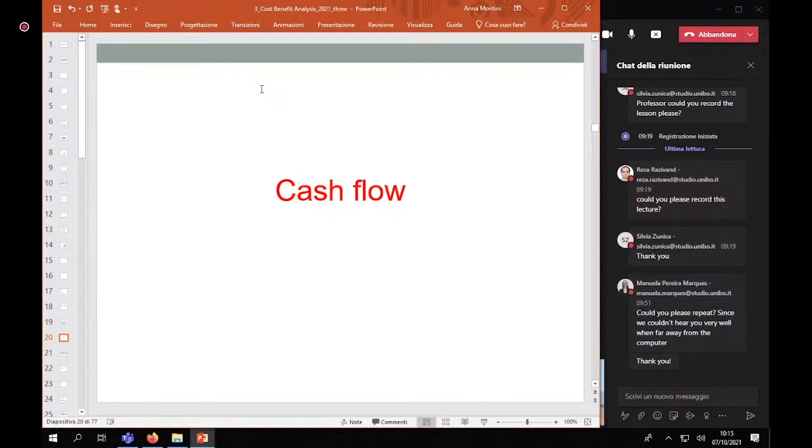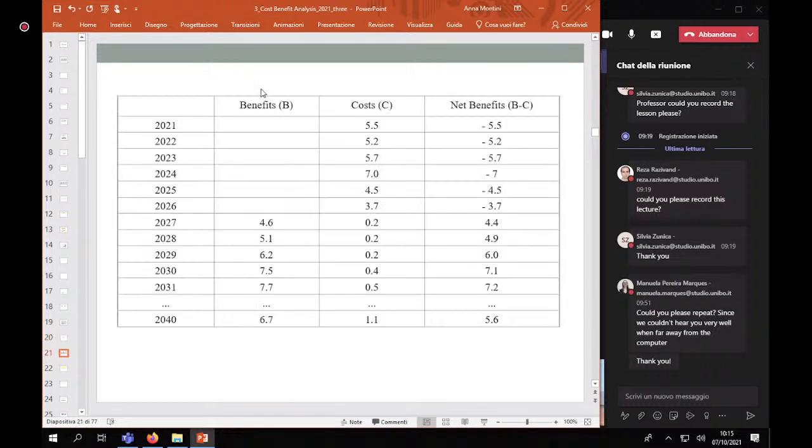Okay, again about the cash flow. Let's consider again the same cash flow as before. Now, if I look at this cash flow, I can see 2021, which represents the present year, but after the present year, I will have future years: 2022, 2027, 2040, for example, until 2040.